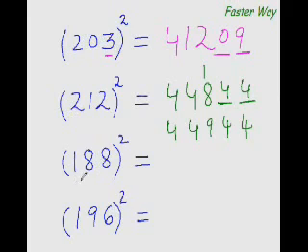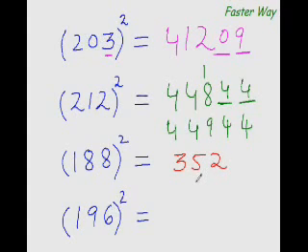Now find the square of 188. Quickly, tell me the answer. 188 is 12 less than the base 200. So immediately subtract that 12 from 188. It would be 176, and double of 176 is 352. How?